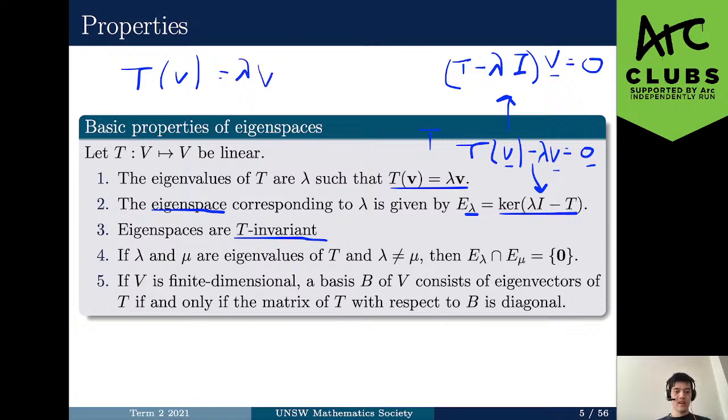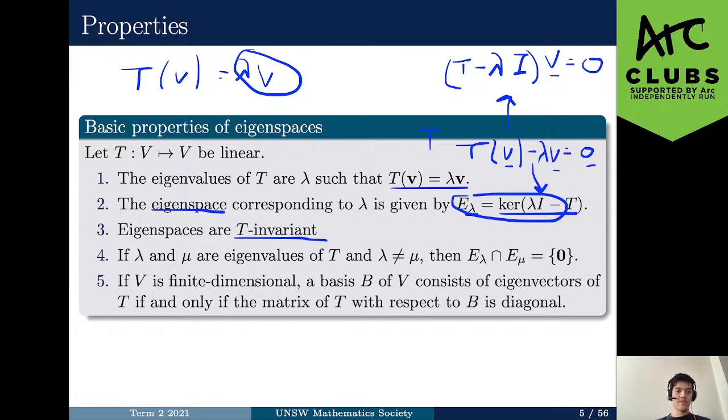And so it should make sense that the eigenspace here is basically spanned by the vector V. So when I apply T to it, well, lambda V here is still inside that eigenspace.